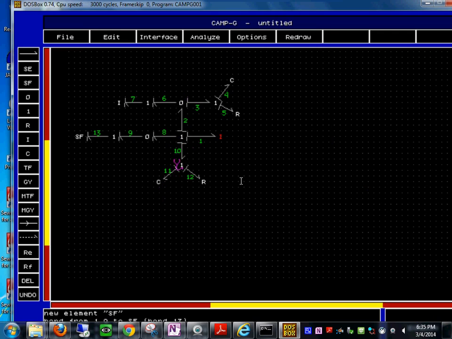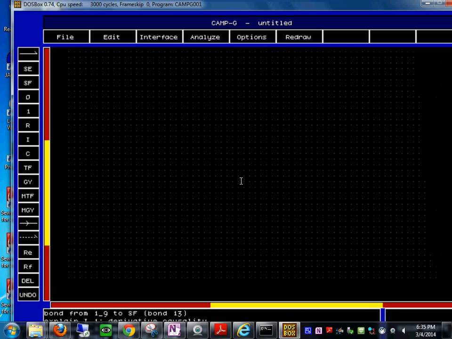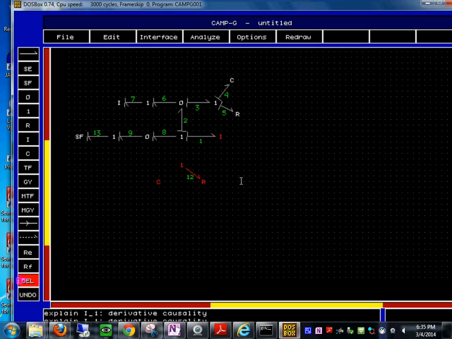What happens is that you see this junction here is not supposed to be a 1, it's supposed to be a 0. And we made that mistake, so we need to correct it. Delete this. See, it's supposed to be a 0 instead of a 1.